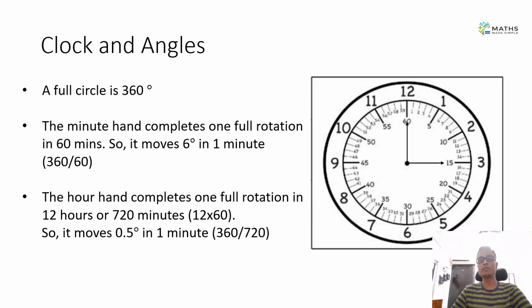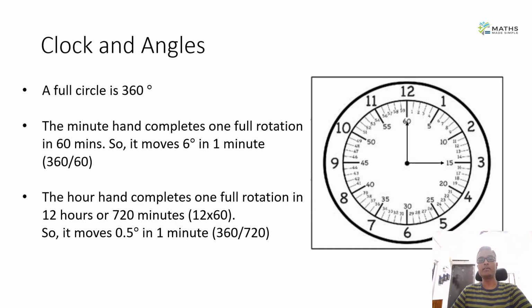Or in other words, the minute hand of the clock makes 360 degrees in 60 minutes. So how many degrees has it moved in 1 minute? It would be 360 divided by 60, which is nothing but 6 degrees. So the minute hand has moved 6 degrees in 1 minute.